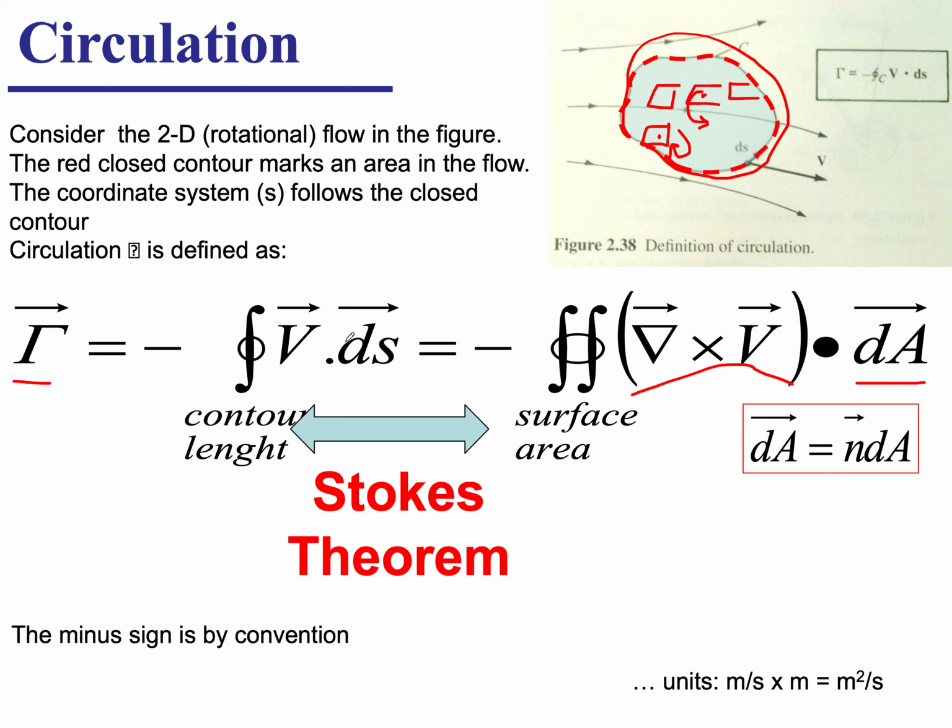Now this was an area integral of the vorticity, a surface integral. And we can use Stokes' theorem to go from an area integral into a contour integral over a line.